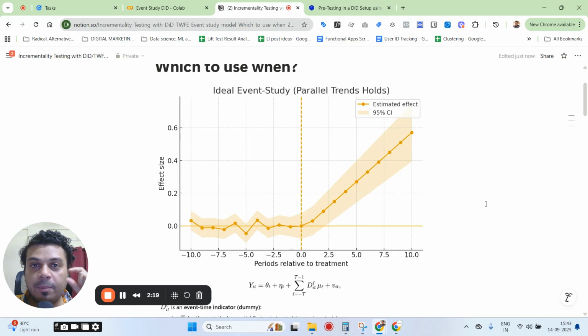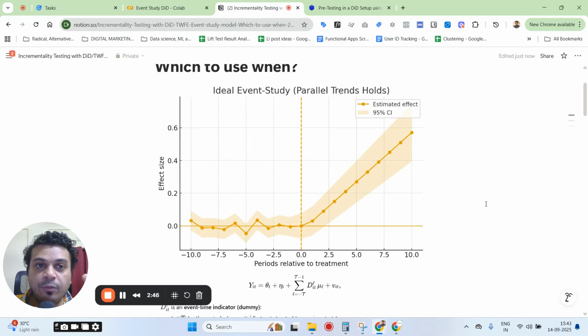So you're going to apply it on a test, right? Suppose you are testing a new kind of campaign, or testing a new offer, or launching a new product. Suppose you want to check whether or not that has incremental impact. You might do it in one market, or maybe a few markets, and then not do it in a few other markets, and then use them as controls, right? So you basically have the test and control binary.